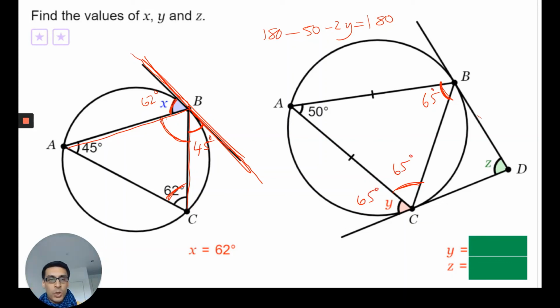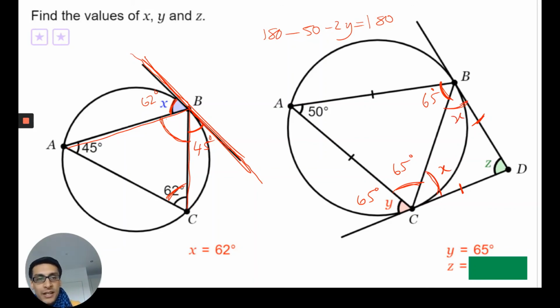Now we want to work out Z. We know from a previous rule that tangents that meet at a point are at an equal distance. So actually we have another isosceles triangle. So we can just call this X. We can call this X as well.